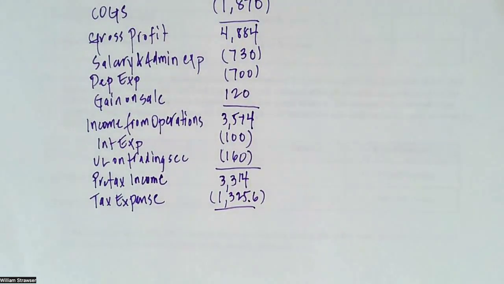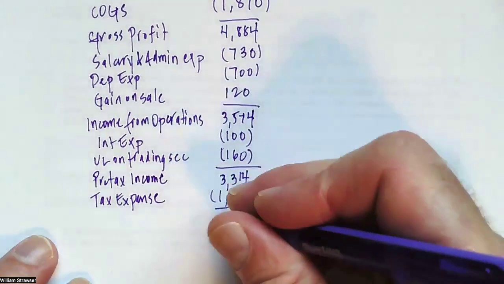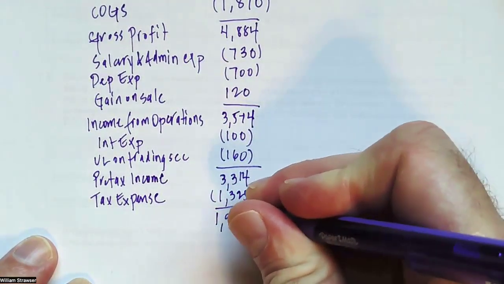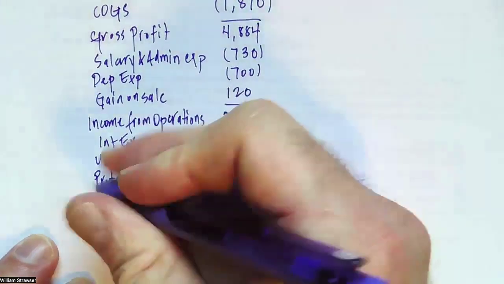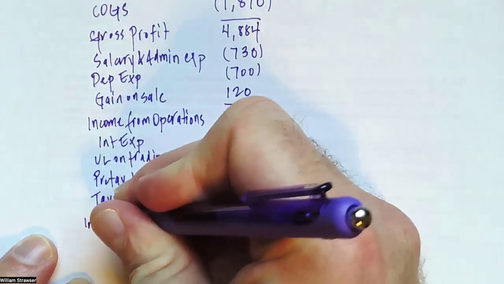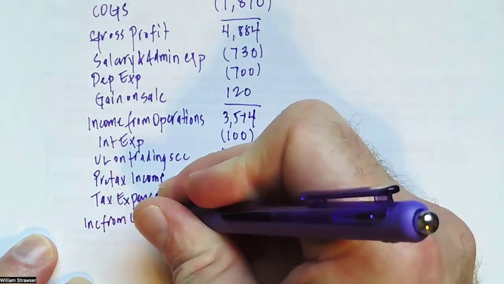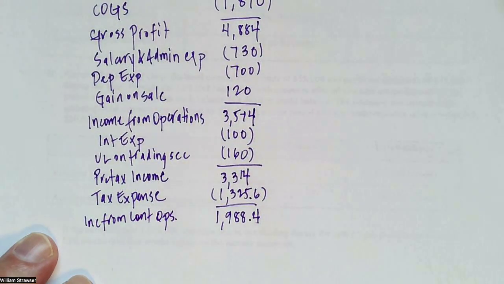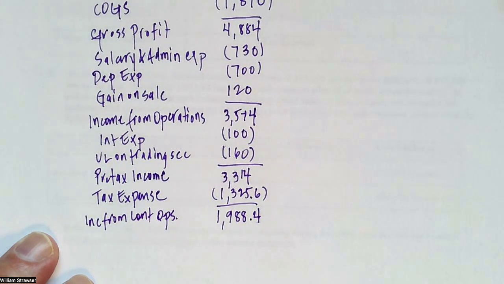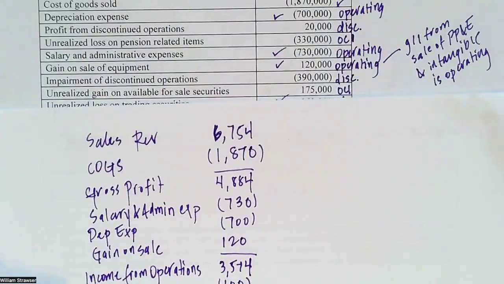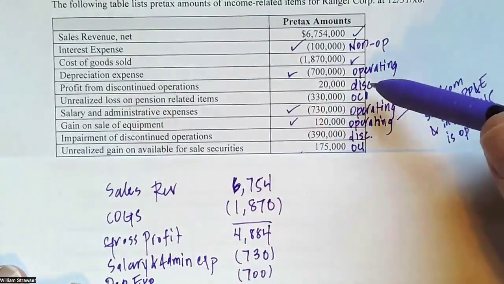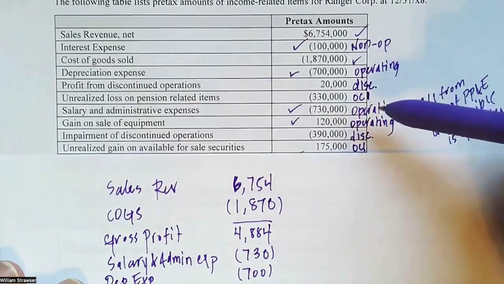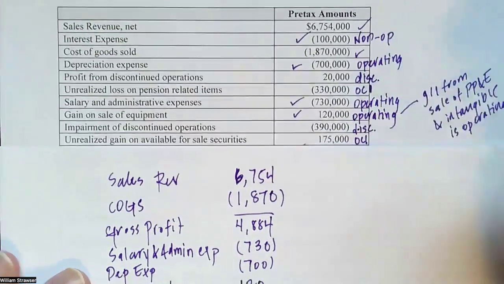All right, so now take the difference between that and the pre-tax. This is my income from continuing operations. Now, after we have our income from continuing operations, we're going to include our discontinued items. The discontinued items that we identify here is there's a profit of 20,000 and then there's an impairment of 390,000.